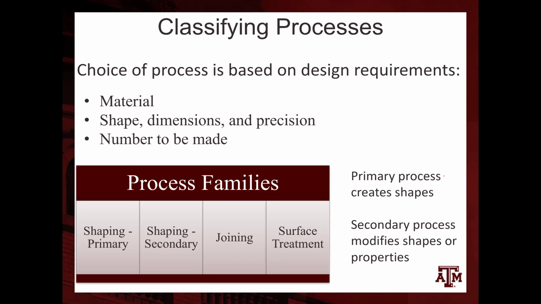We're not going to talk in detail about the manufacturing methods in this course, but mainly we can think about families of processes in terms of the primary shaping and then secondary shaping and then joining, especially for large equipment, and then surface treatment, especially for materials serving in harsh environments.